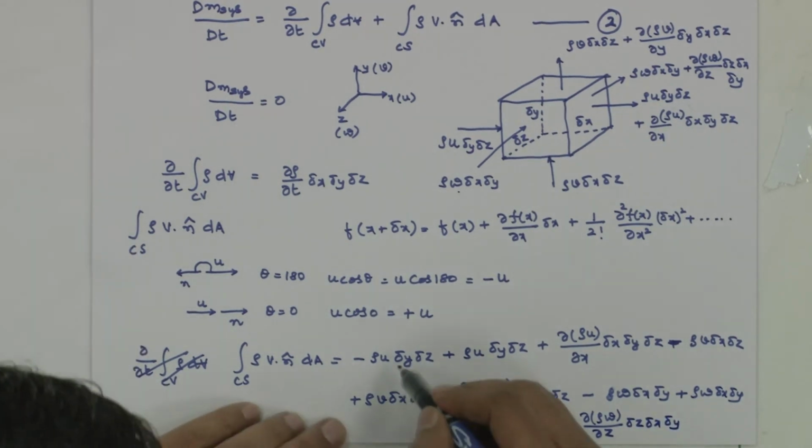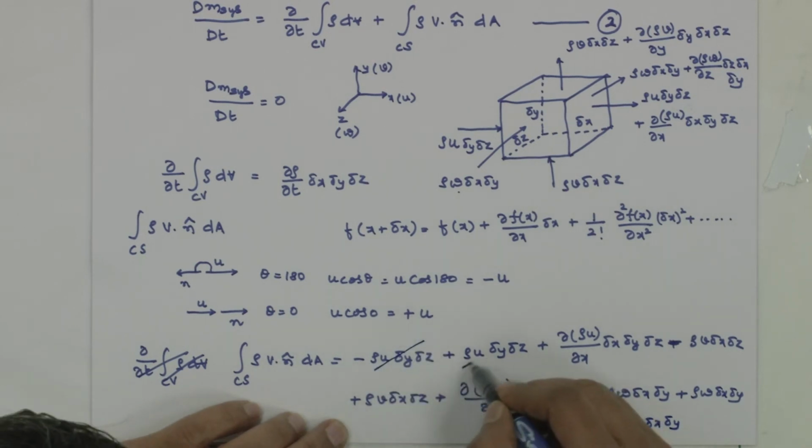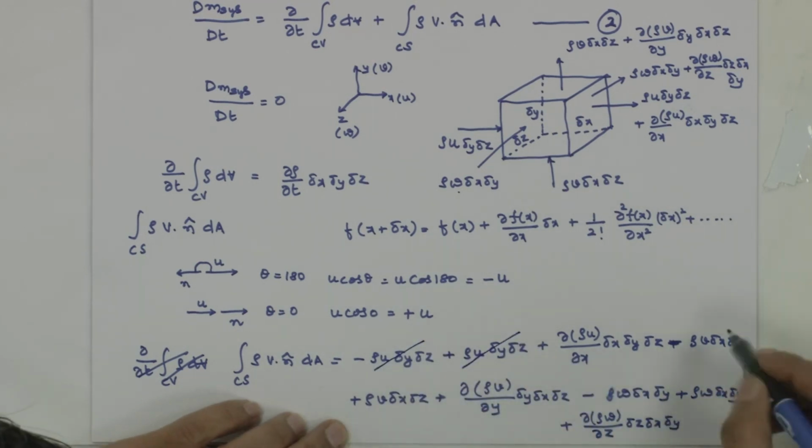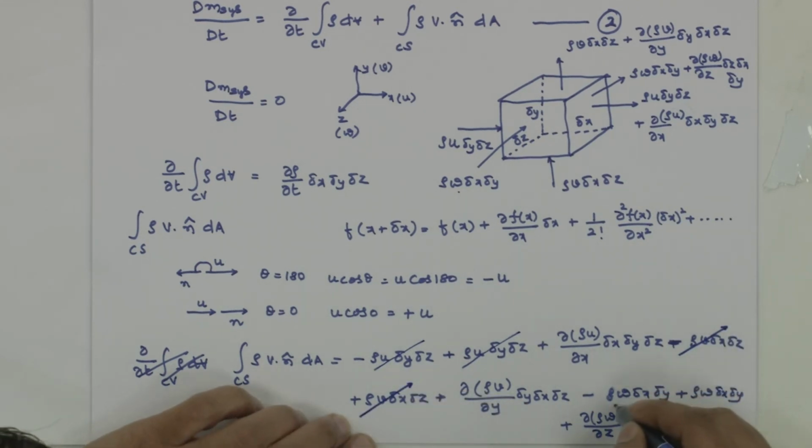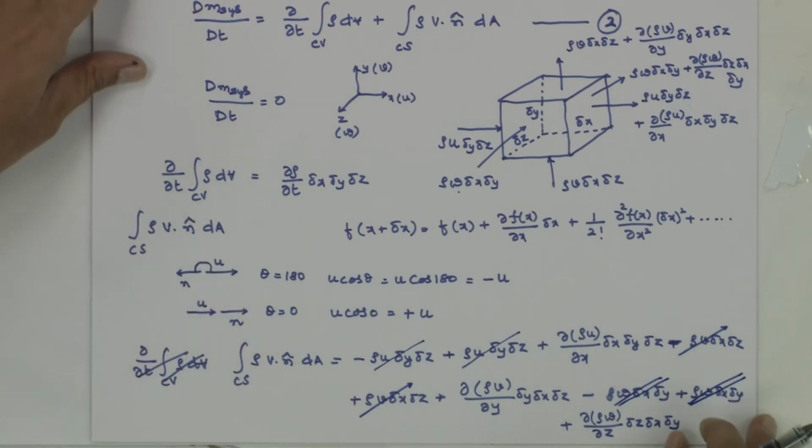As you can see here, this term gets cancelled with this term, and in the y direction this term gets cancelled with this one, and this term will get cancelled with this term. So what am I left with?